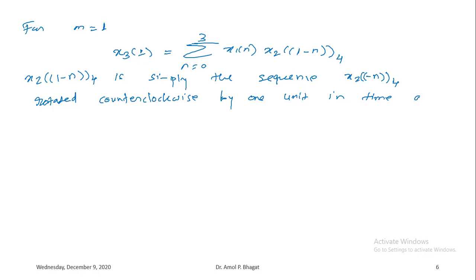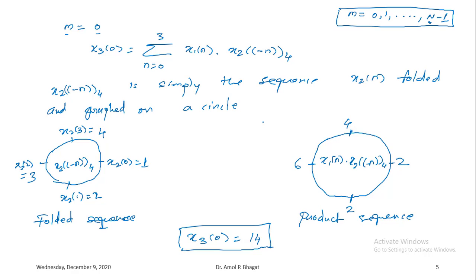So here again we'll draw one circle, indicating x2 of 1 minus n. On this circular graph we'll plot x2 of minus n again, but the sequence is simply rotated counterclockwise by one sample.